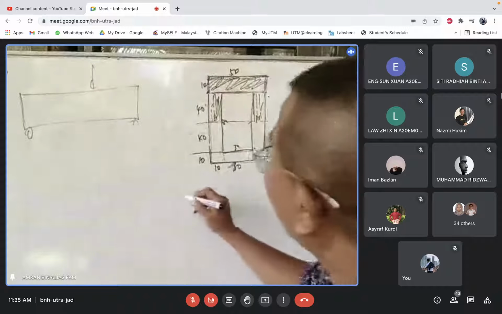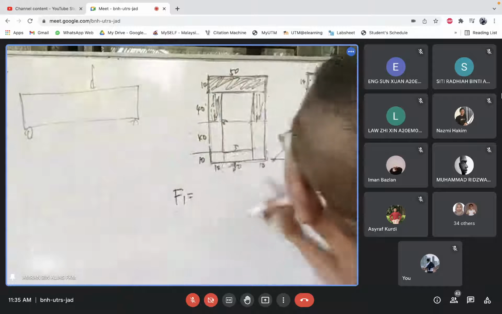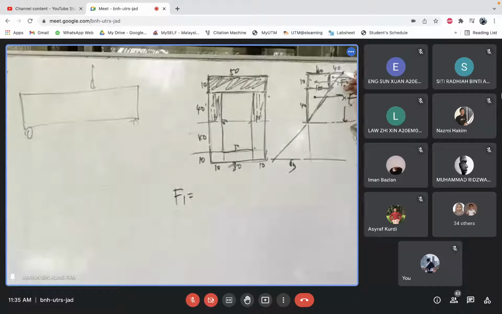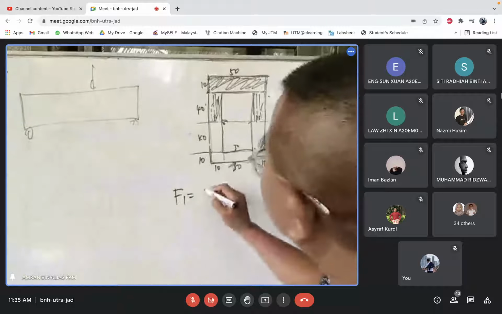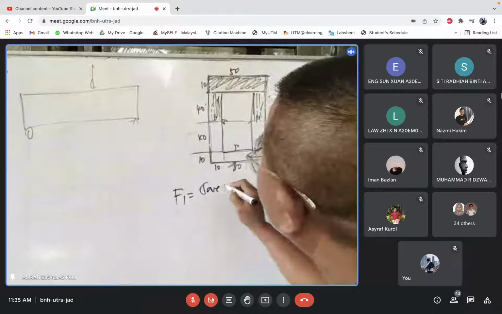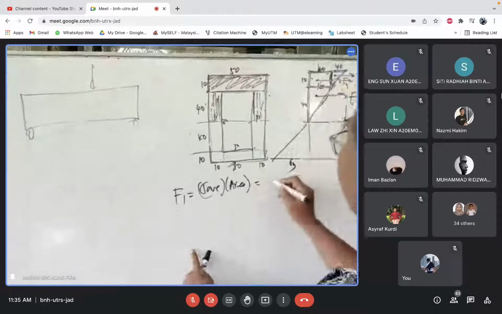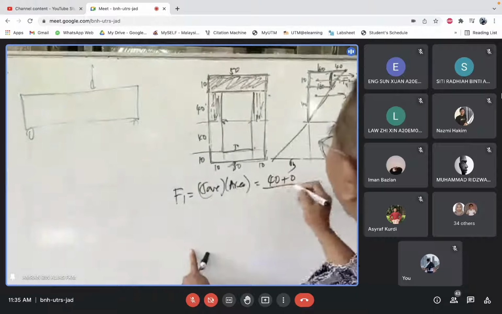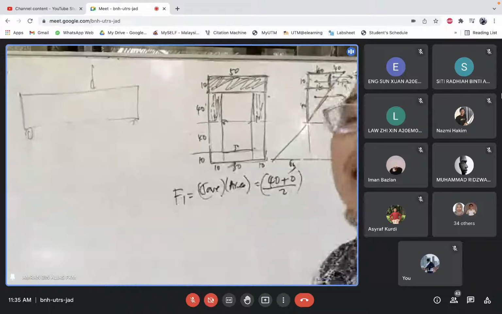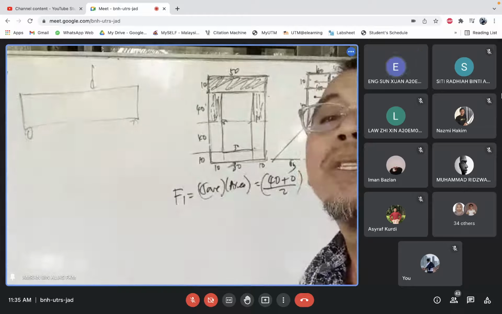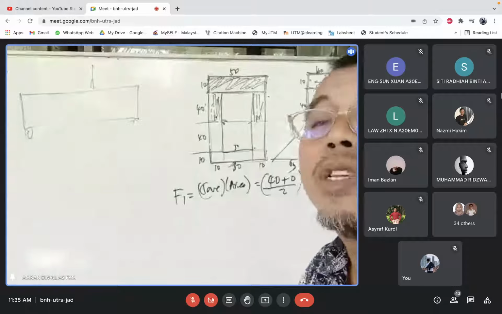So what is my F1? 40 and 0. See that? Sigma average times area. So what do we have there? 40 plus 0 over 2. Everybody, are you with me? Yes. The others, are you with me?